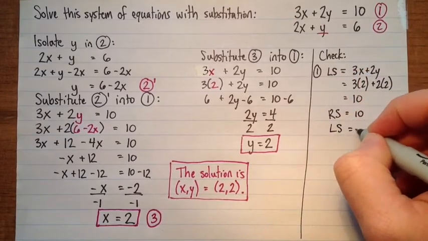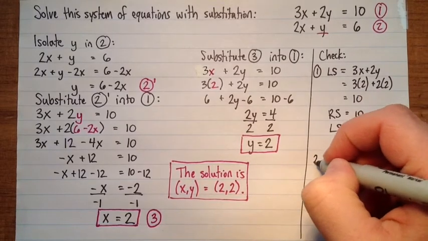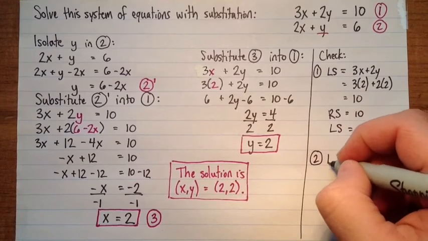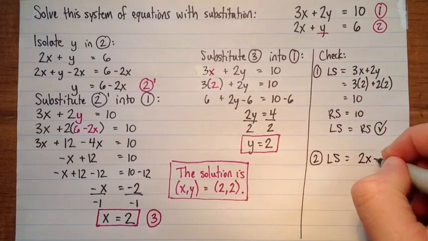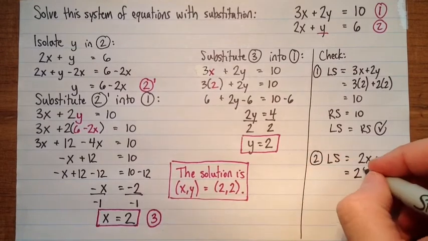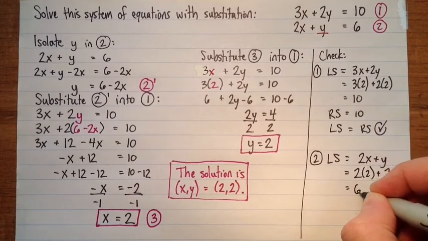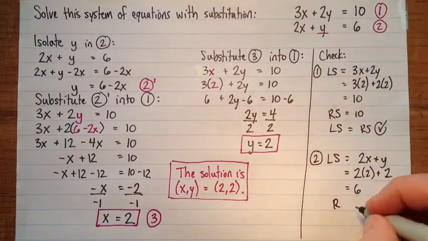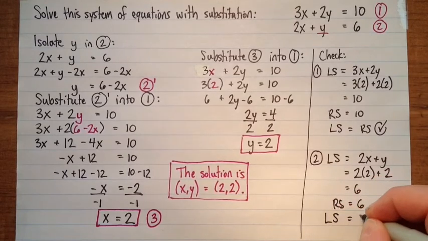Left side equals right side. Okay, for equation 2, my left side is 2x plus y. So that's 2 times 2 plus 2. So that's 6. And the right side, oh yeah, good, is also equal to 6. So left side equals right side.